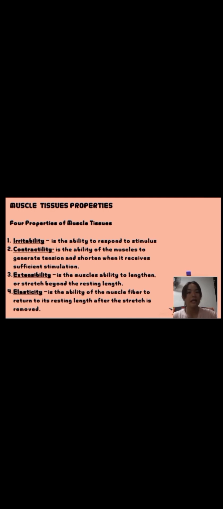Fourth, elasticity. Elasticity is the ability of the muscle fiber to return to its resting length after the stretch is removed. So with elasticity, the muscle is able to return to its original resting shape and length after being stretched or contracted.